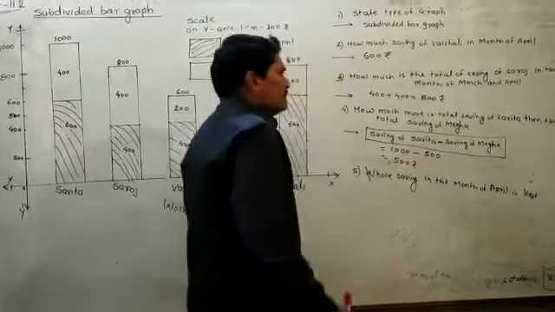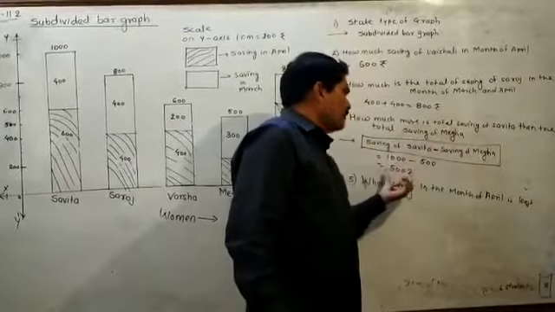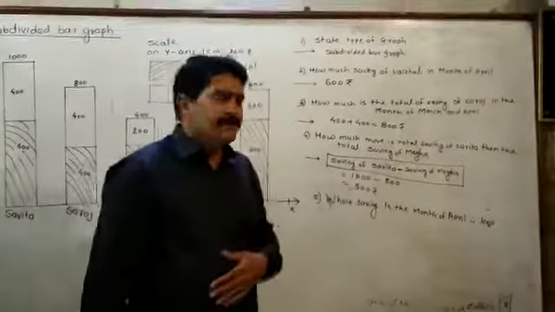So Savita saved 500 rupees more than Megha in both the months.